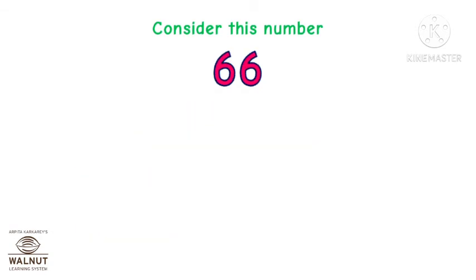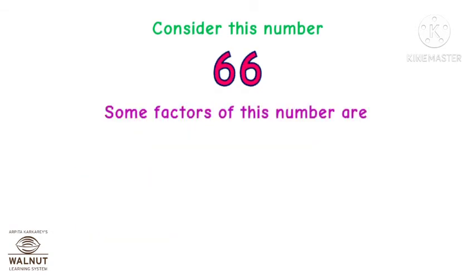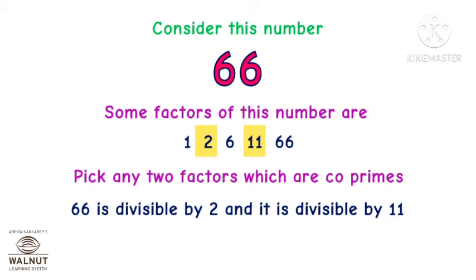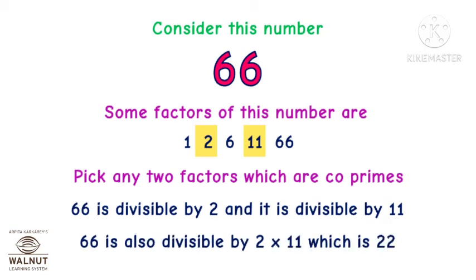Consider this number 66. Some factors of this number are 1, 2, 6, 11, 66. Pick any two factors which are co-primes. 2, 11. 66 is divisible by 2 and it is divisible by 11. 66 is also divisible by 2 into 11, which is 22.